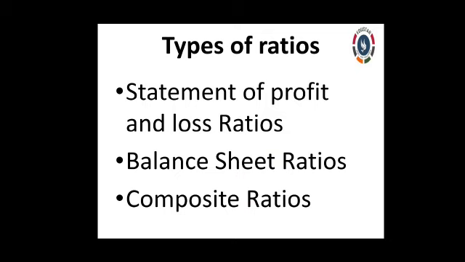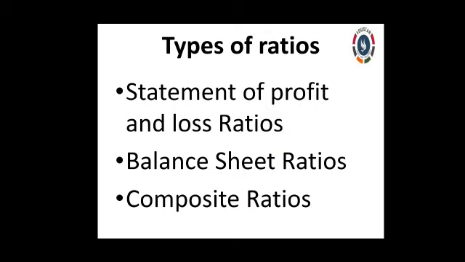The ratio of credit revenue from operations to trade receivables is known as the trade receivables turnover ratio. To find the trade receivables turnover ratio, we have to take one amount from the profit and loss account and another amount from the balance sheet. Do you understand? Trade receivables is an asset, so we take that amount from the balance sheet. So that is called composite ratio.